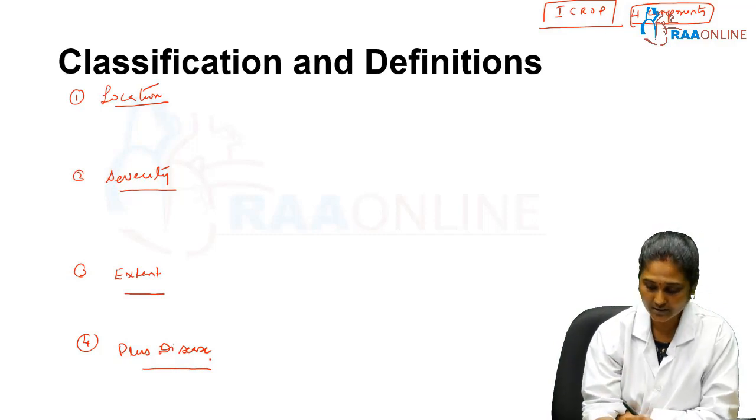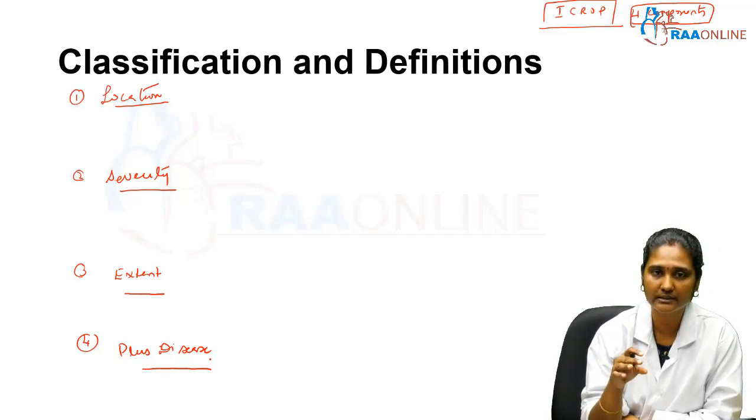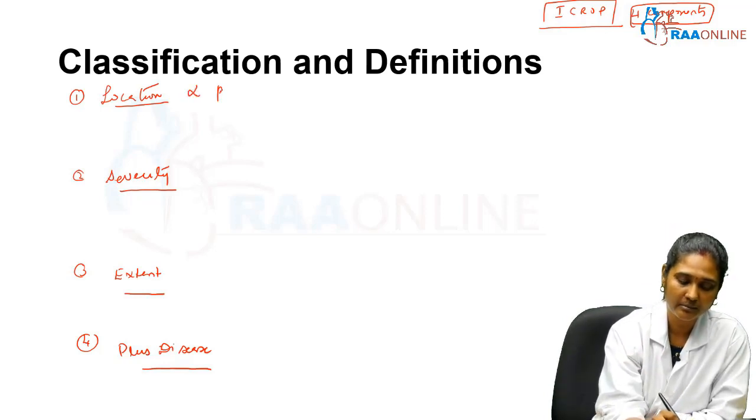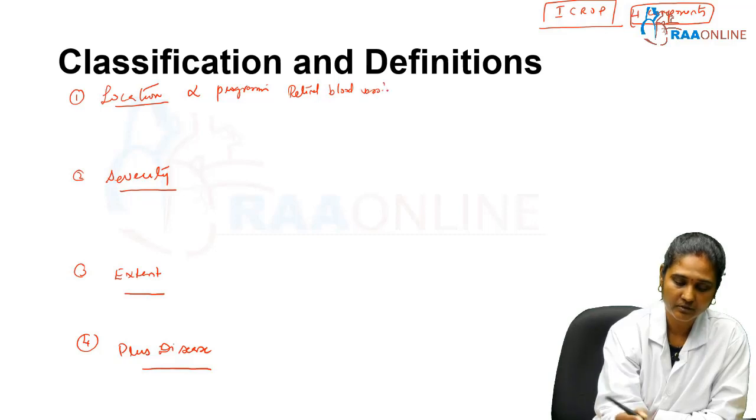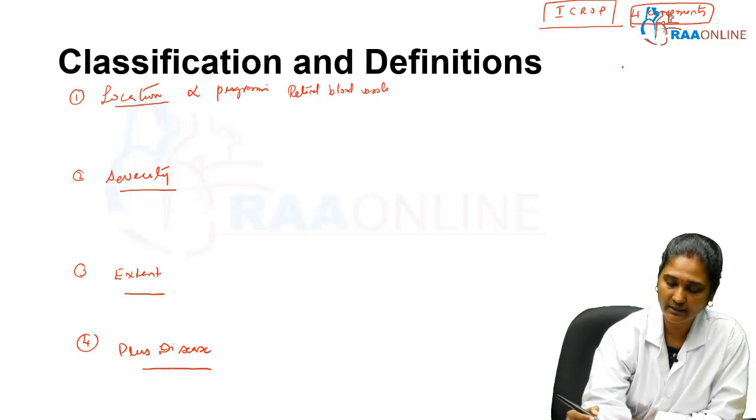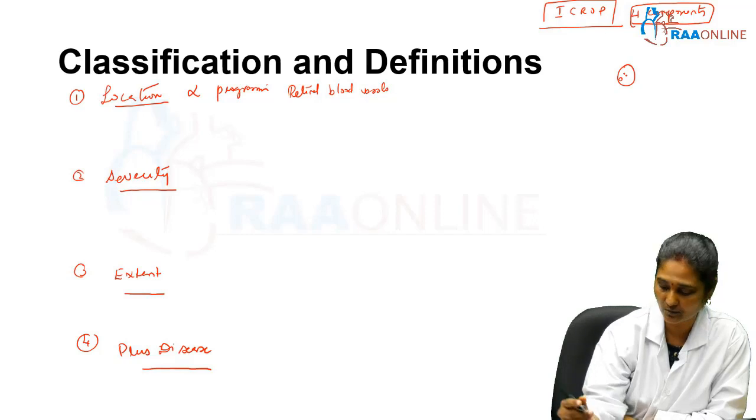Regarding location, mainly it depends upon how far the retinal blood vessels have progressed. For example, if you take one eye, the right eye, here is the optic nerve, the center one is the optic nerve, and here is the macula.